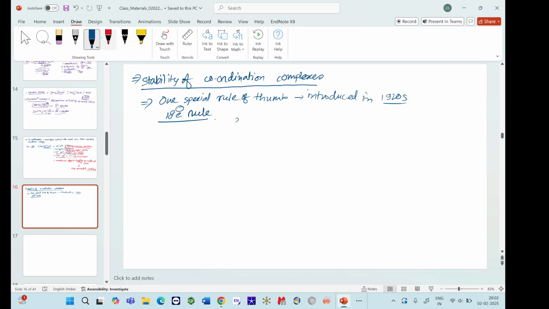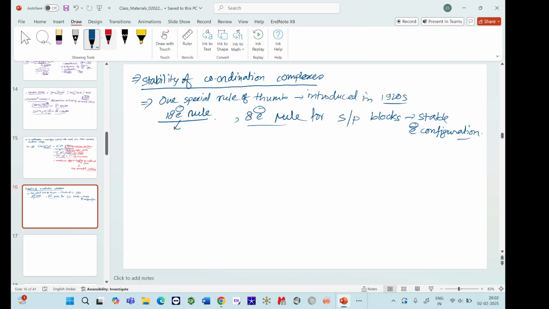So you all know the 8 electron rule for S and P blocks, okay, stable electron configuration. So this rule actually extends for coordination complexes also for the D block.